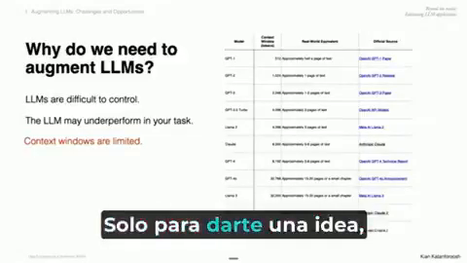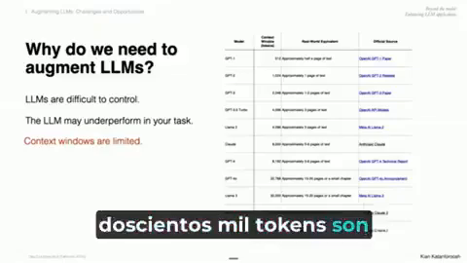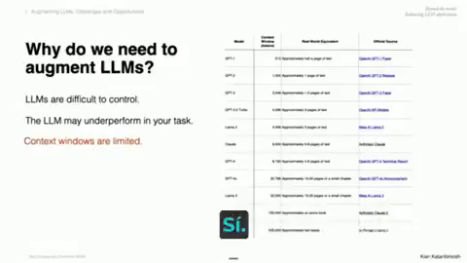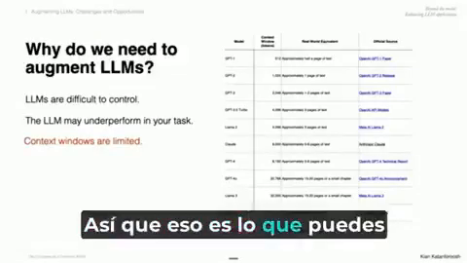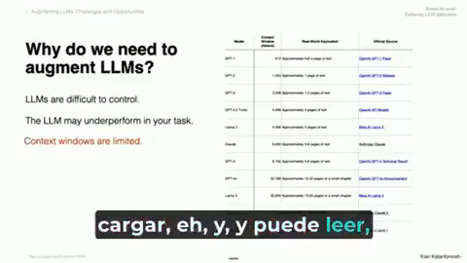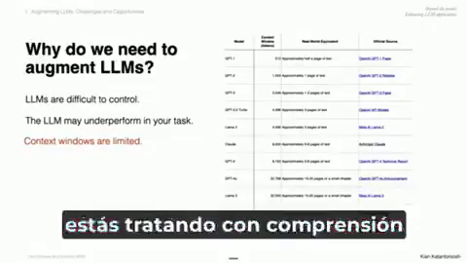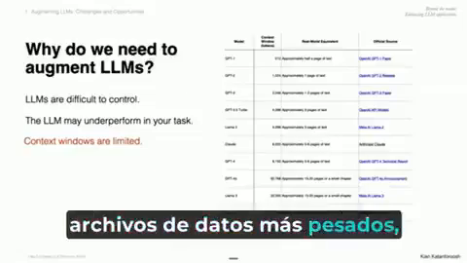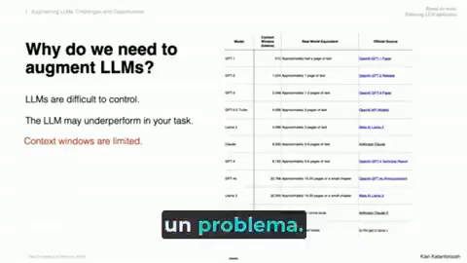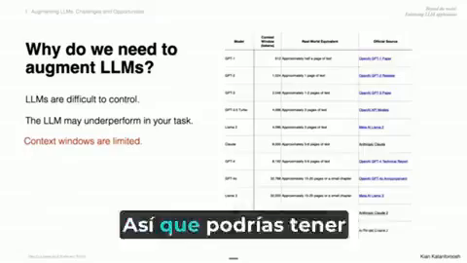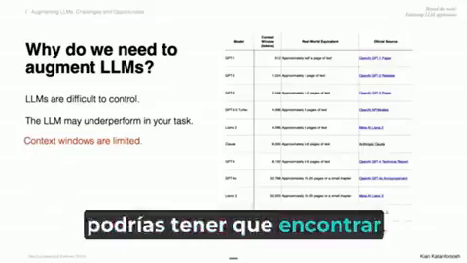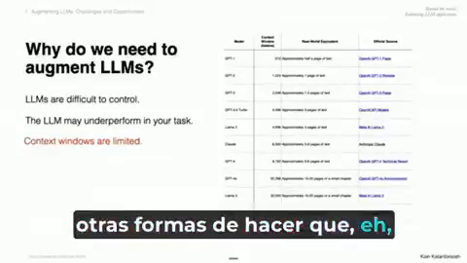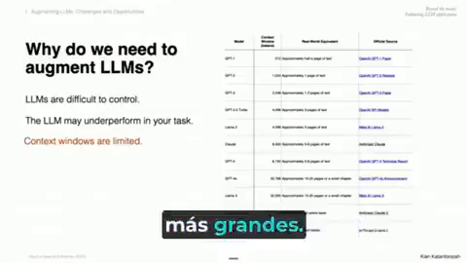Just to give you a sense, 200,000 tokens is roughly 2 books. So that's how much you can upload and it can read, pretty much. And you can imagine that when you're dealing with video understanding or heavier data files, that is of course an issue. So you might have to chunk it, you might have to embed it, you might have to find other ways to get the LLM to handle larger contexts.